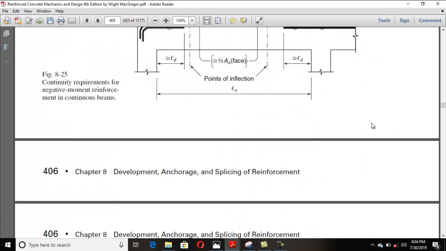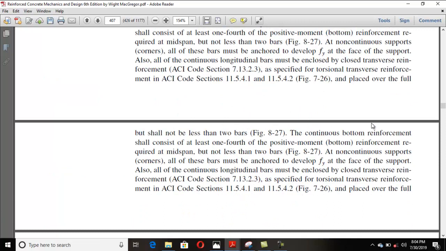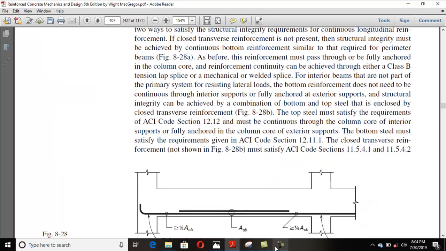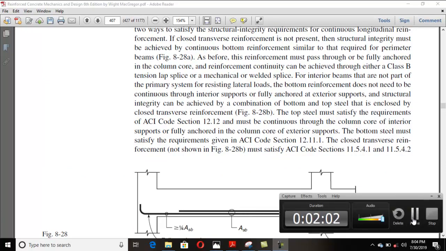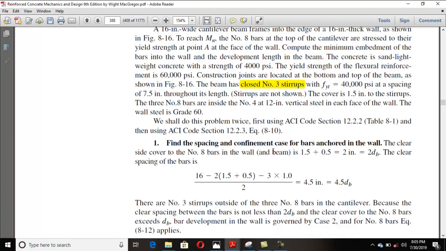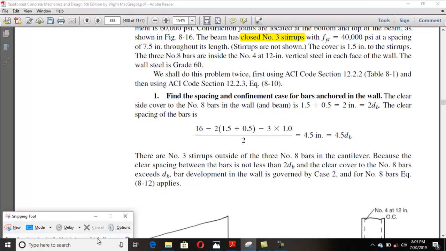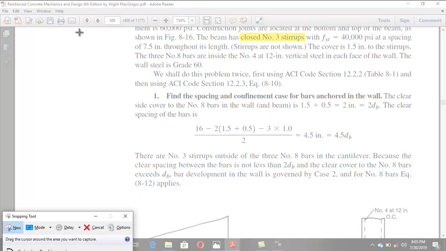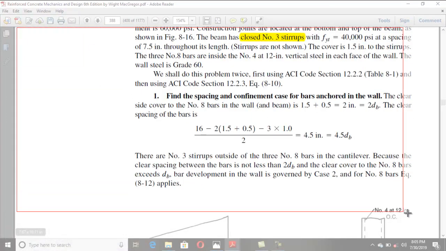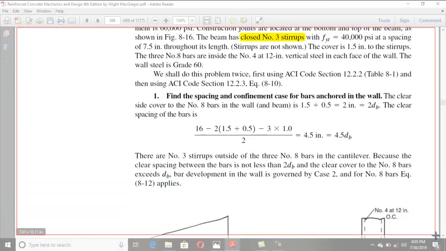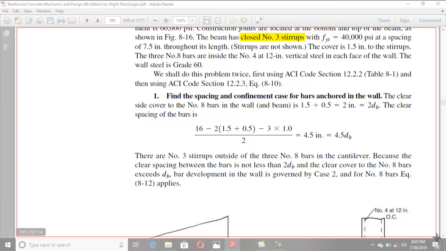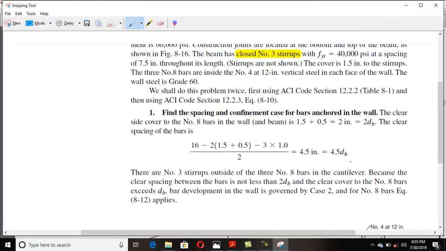This was the example, and we explained all the parts of this example. Today I just want to start the example from this place because we made a mistake here.